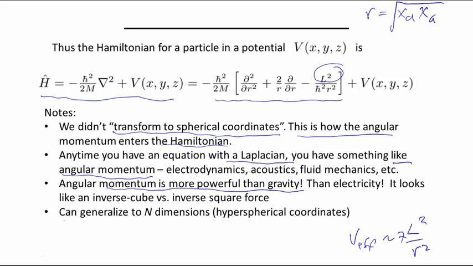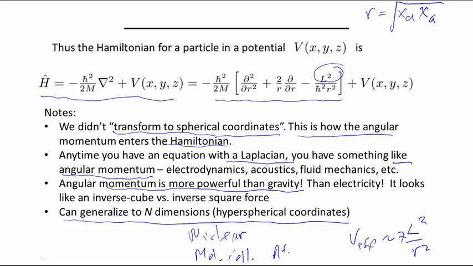And I'll just note that a further generalization of this type of approach can be made to an n-dimensional system. We're not going to do that here, but it is something that is used in practice for nuclear physics, molecular collisions, and sometimes atomic physics.